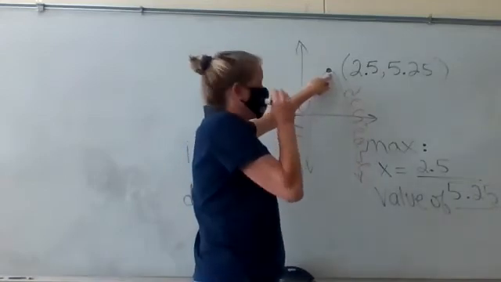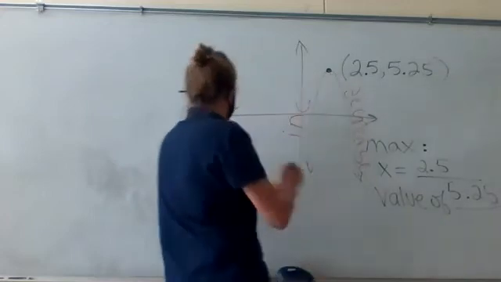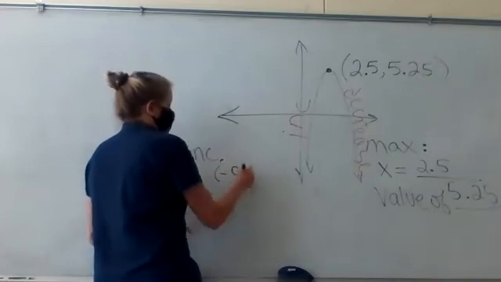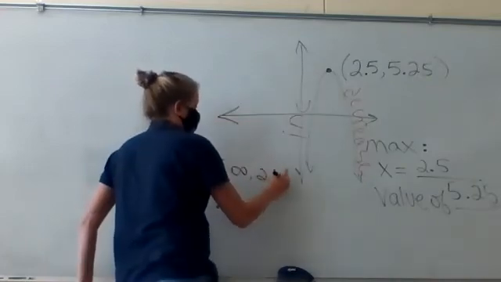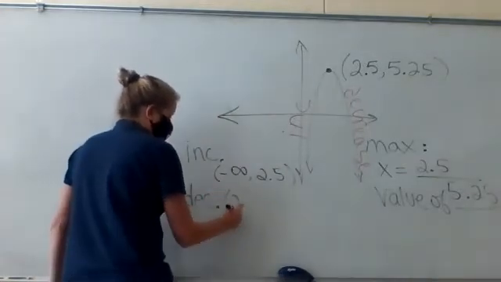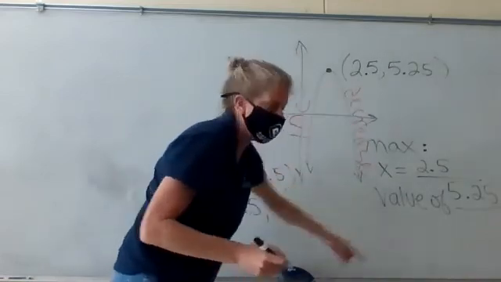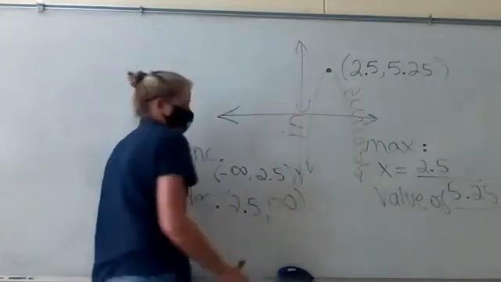Talking about increase and decrease, you always use your x coordinate. So I start increasing at negative infinity until I get to 2.5. Once I get to 2.5, I start to decrease. So I decrease from 2.5 to the right forever, so to infinity.